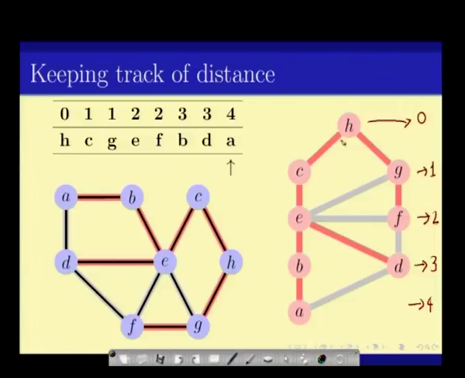The other important thing to note is that in this graph, if there is a cross edge in the same layer, then I get a cycle of this form which is odd. Whereas, if I get an edge which goes to the next layer, I get an even cycle. So, in other words, by looking at the non-tree edges, we can deduce whether there is an odd cycle or an even cycle.